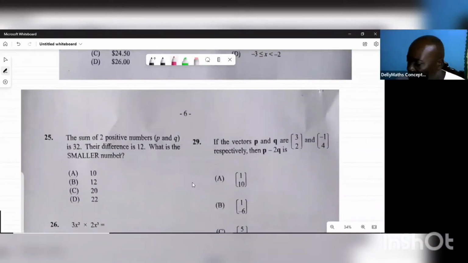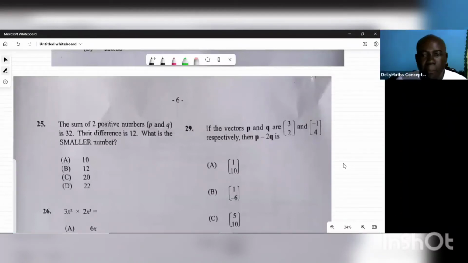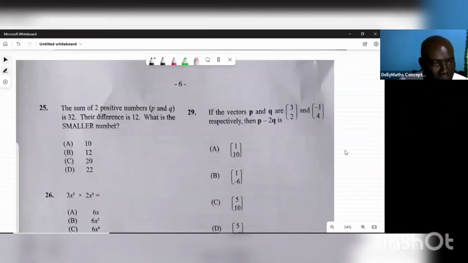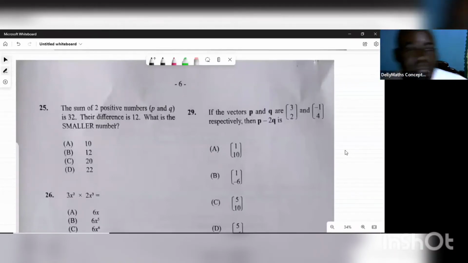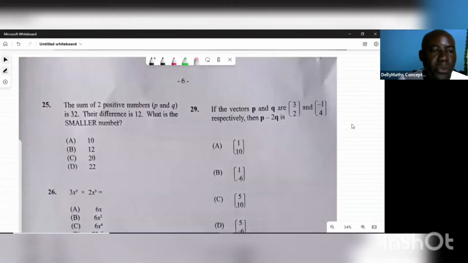Question 25 says the sum of two positive numbers, P and Q, is 32. The difference is 12. What is the smaller of the numbers? So they are saying that the difference between the two numbers is 12.